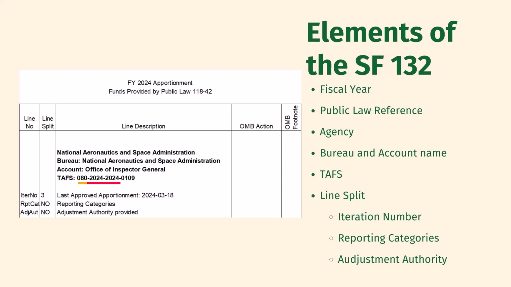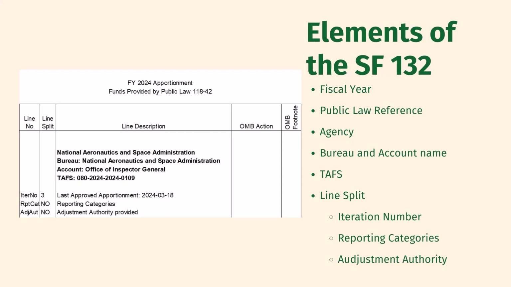For a no-year fund, instead of dates, you'll see just a / and an X after the main account number, which is the last 4 digits in our example, 0109. And they identify the specific purpose for these funds within the agency.